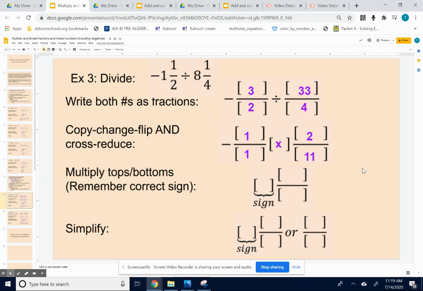Just like before, we're going to multiply the tops, multiply the bottoms. 1 times 2 is 2. 1 times 11 is 11. And a negative number times a positive number, two numbers with different signs, so it's negative. Negative 2 over 11. Now just simplify if we can.